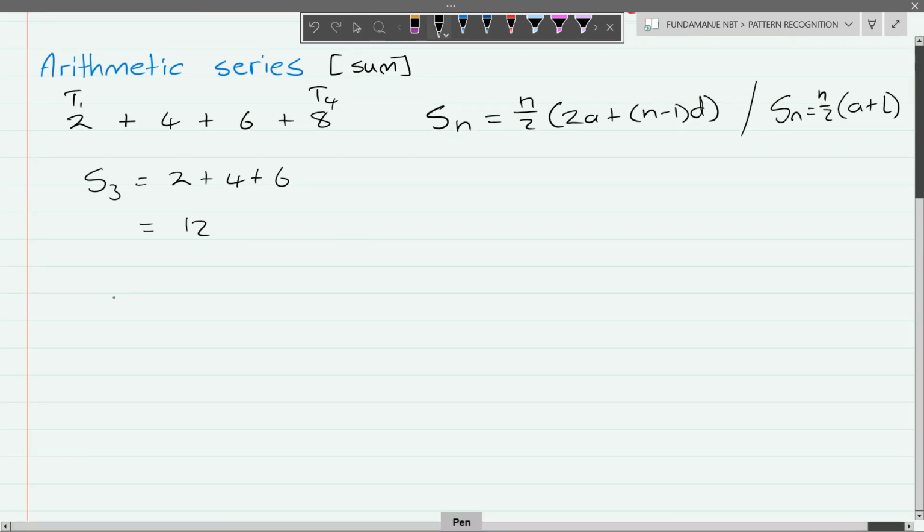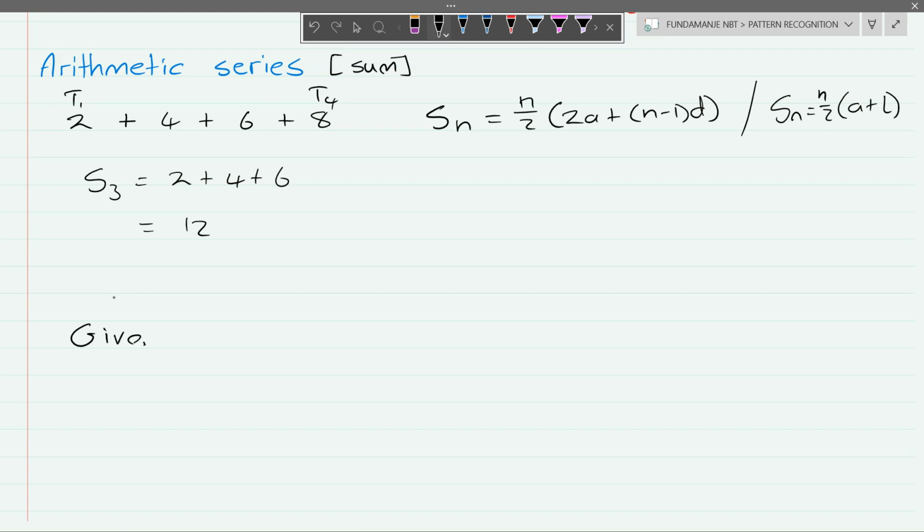So let's say we are given Sn is equal to 3n plus 2. Find term number 2. Well, how would we do that? We are only given the formula that finds the sum of n numbers, not the one that gives us the value at that term number.